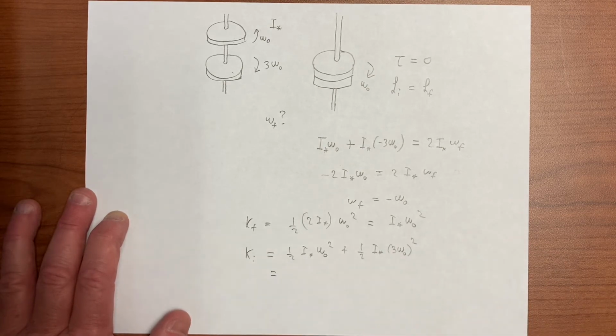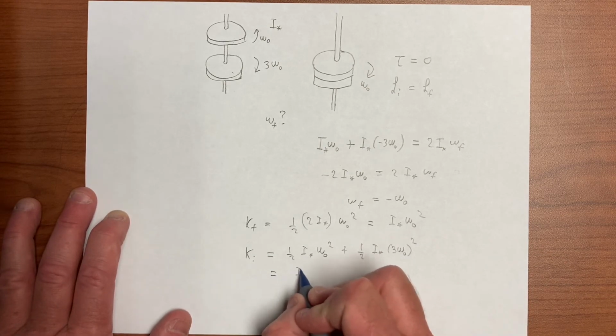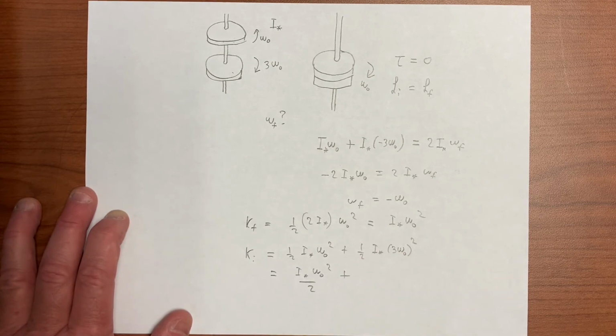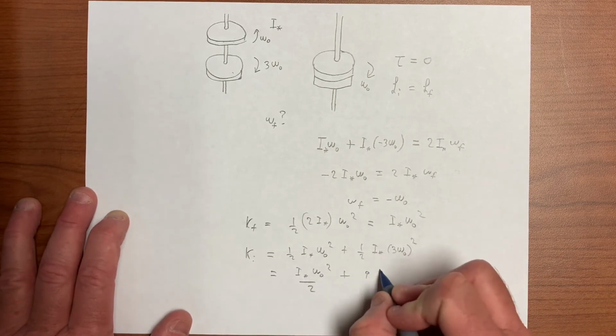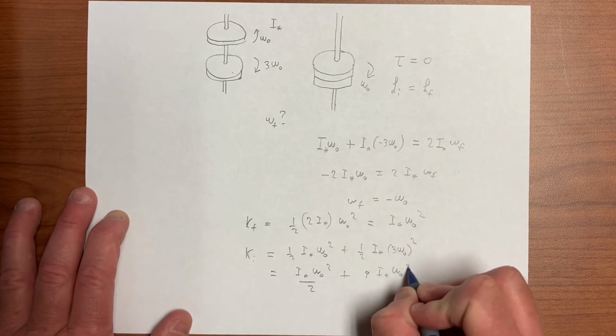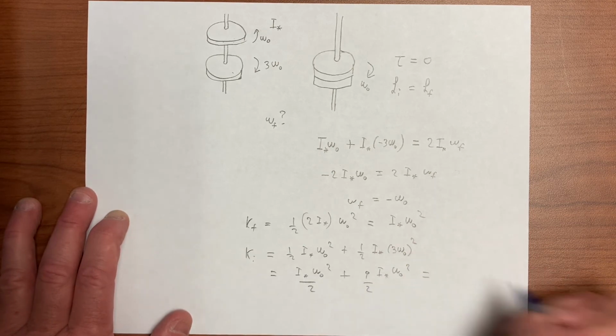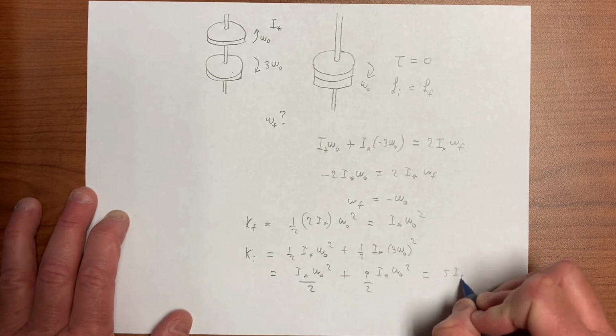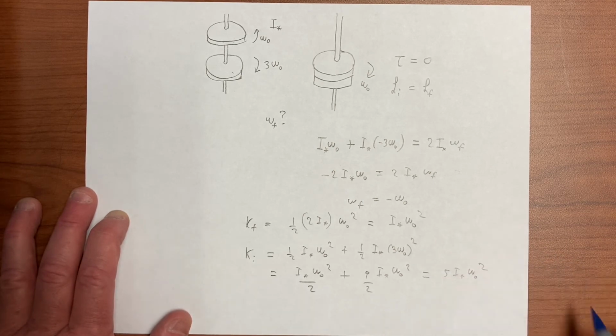And so that is I star omega naught squared over 2 plus, this is 9 I star omega naught squared over 2, and that is 10 over 2, which is 5 I star omega naught squared.